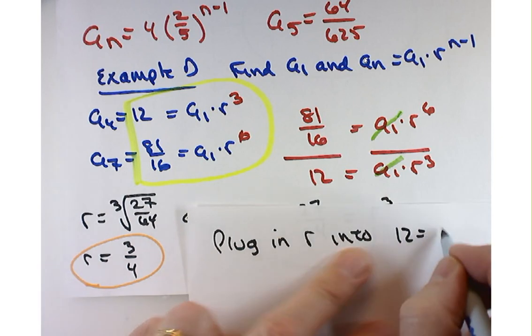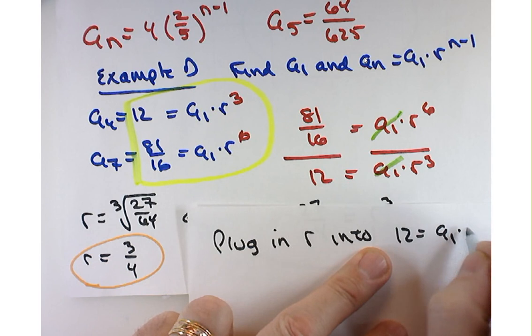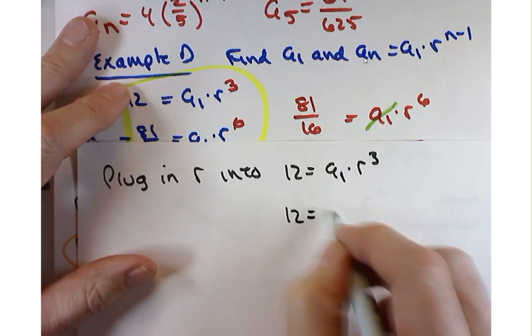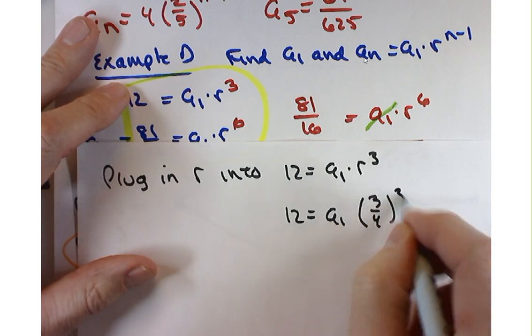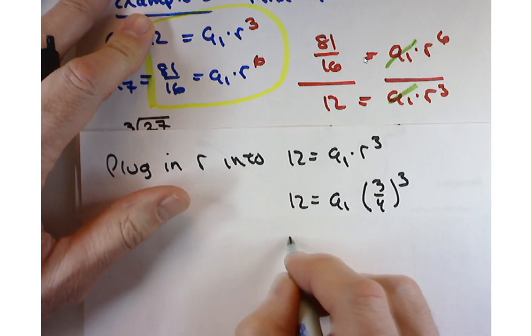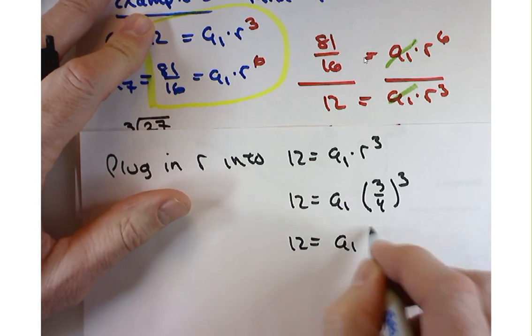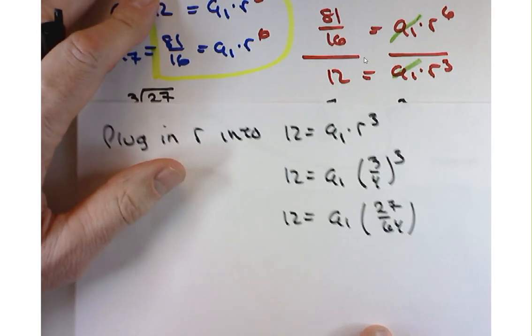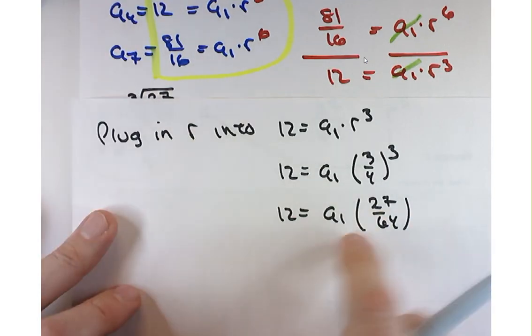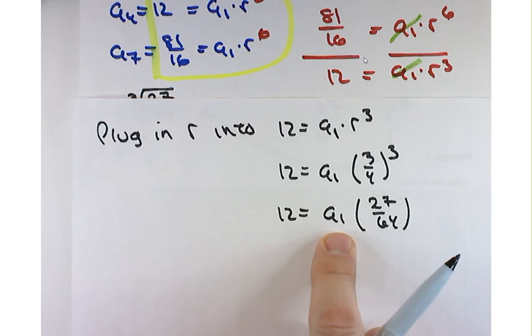12 equals a sub 1 times r to the 3rd. Or in other words, 12 equals a sub 1 times 3/4 to the 3rd power. That's 27 over 64. How am I going to solve for a sub 1?